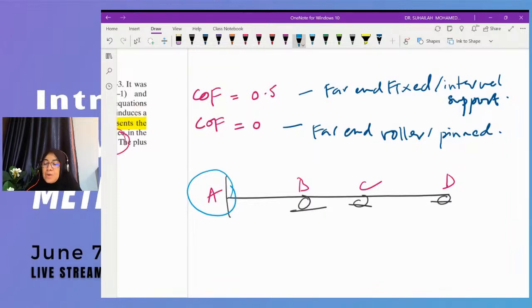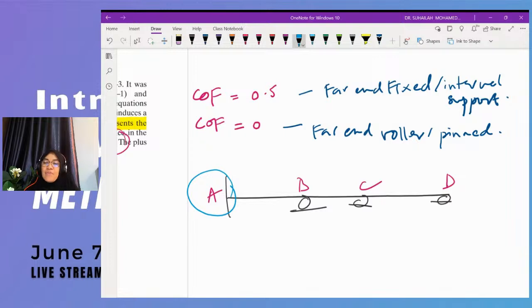For CD, C is internal. Internal is fixed, same as AB, where B is internal. So for BC, we use 0.5 for the carryover factor.